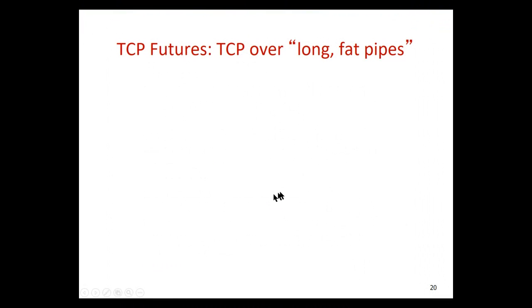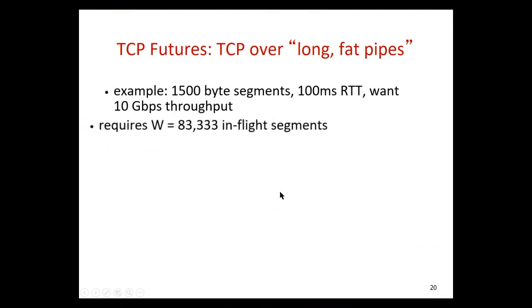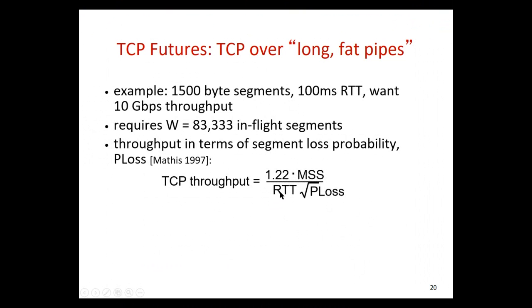Okay, let's go back to the slide. So that's how we have this value, 83,333, which is what we found from the calculation. So what do you think about this value of the window?